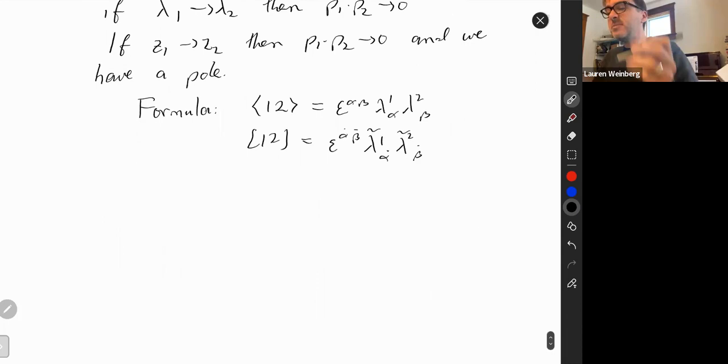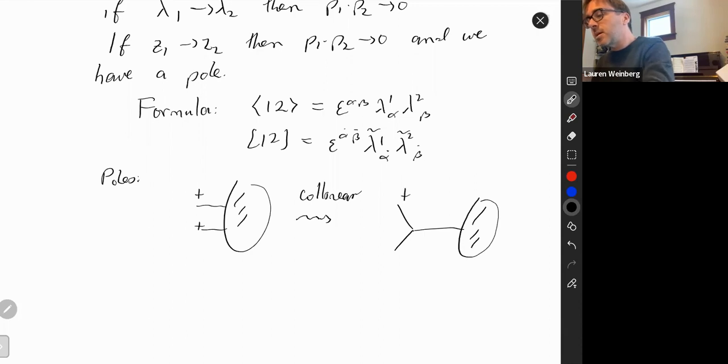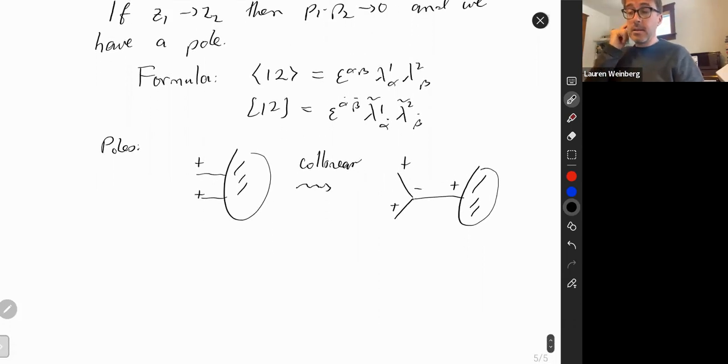And the poles are, if I have some kind of amplitude like this, and I have two positive helicity particles, and these become collinear, the singular term is dominated by something like this, where plus, plus goes into a minus and a plus. So I replace two states by one state.